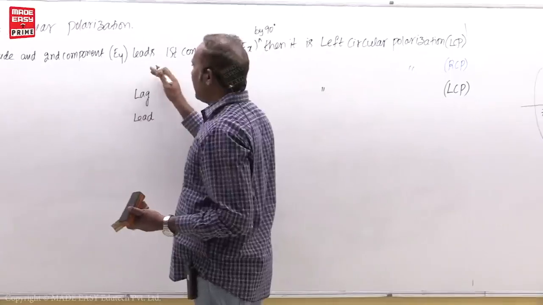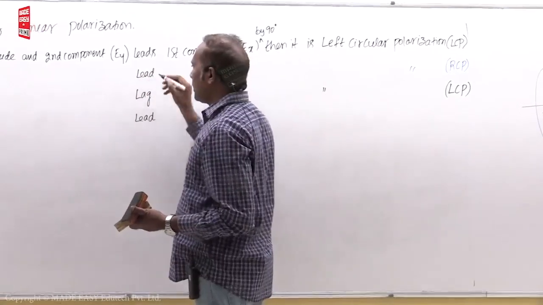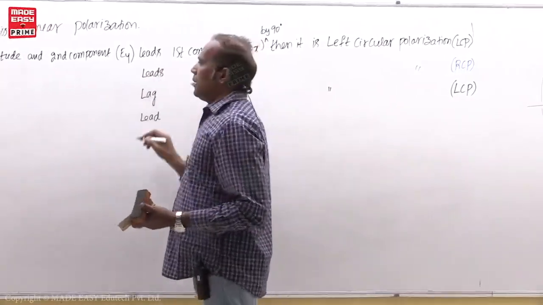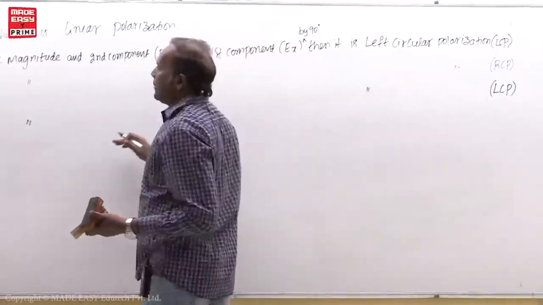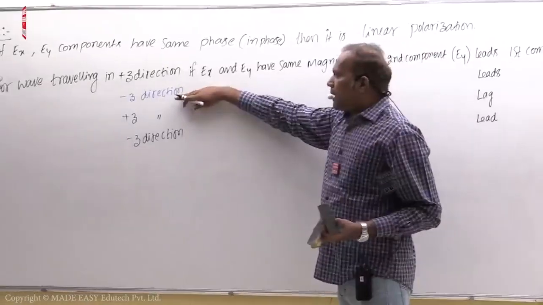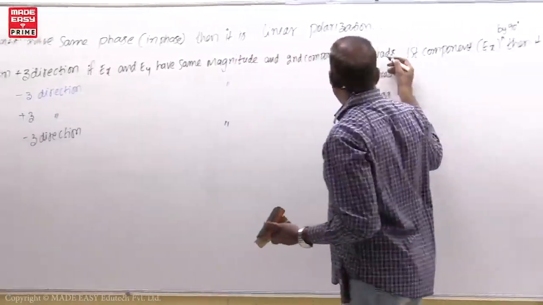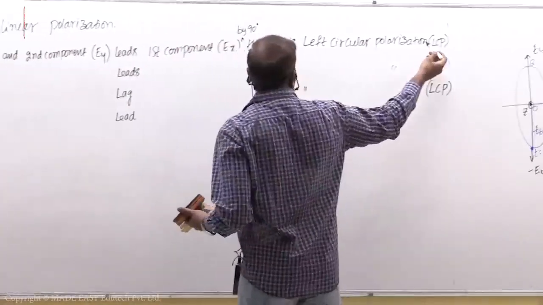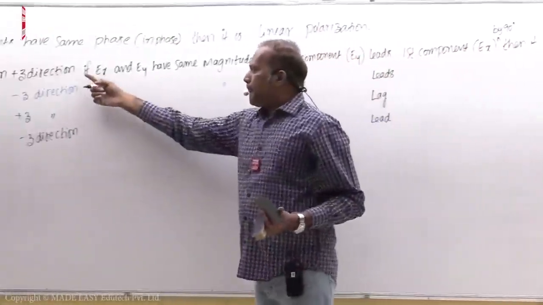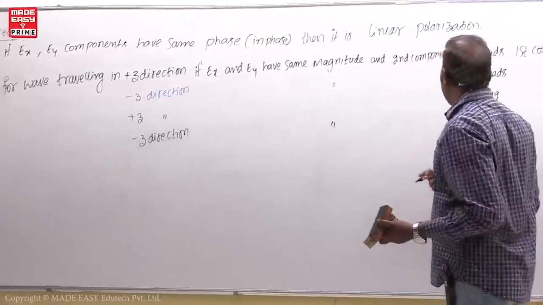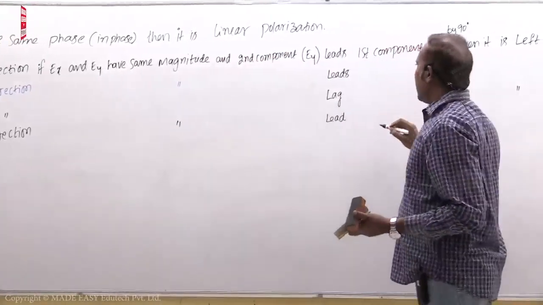Here it is better I write the word. So plus z direction, lead, LCP. Then minus z direction: direction is changed, but lead is there. That L becomes right.